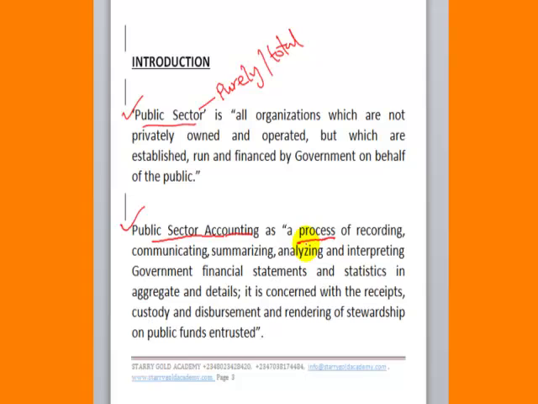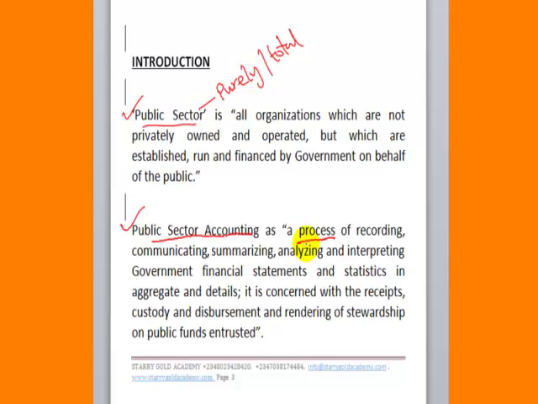So government has a responsibility to give account of the taxpayers' money in their custody, just like we have in the private sector. When they appoint the board of directors, the board is appointed by the shareholders, and they are given certain resources to hold in fiduciary, to hold in trust, and to use to trade and do business. At the end of the year, they call an AGM for them to come and give account.